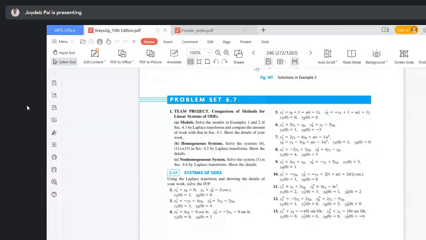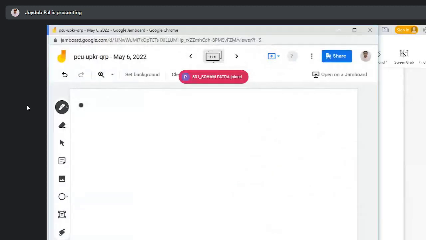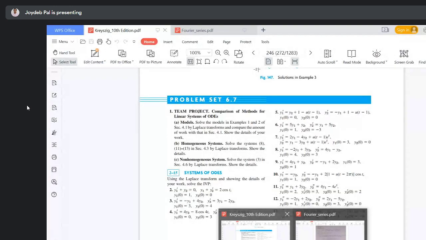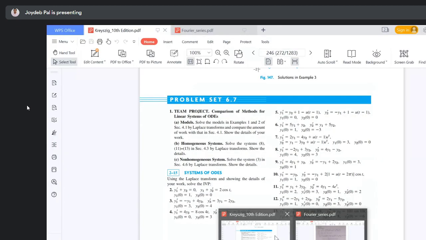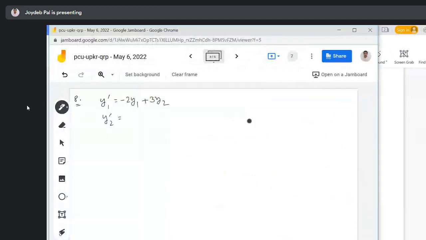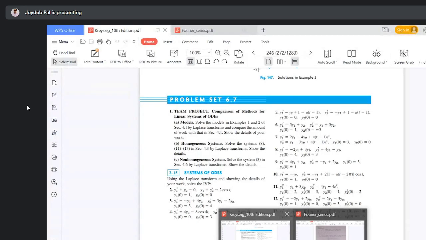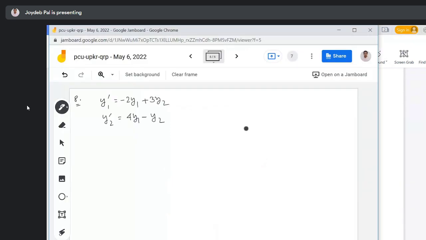y1 dash is equal to minus 2 y1 plus 3 y2, y2 dash equals 4 y1 minus y2, with initial conditions 4 and 3.